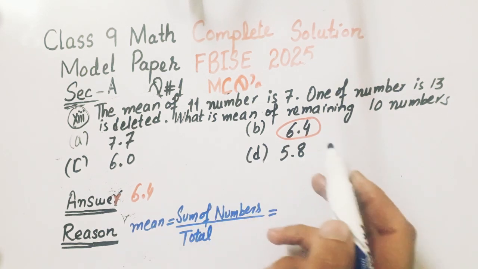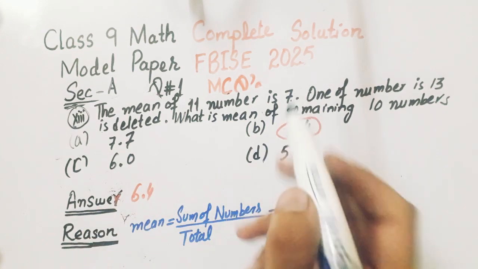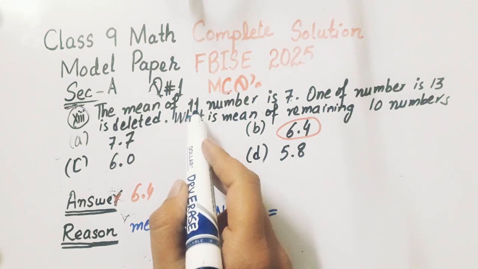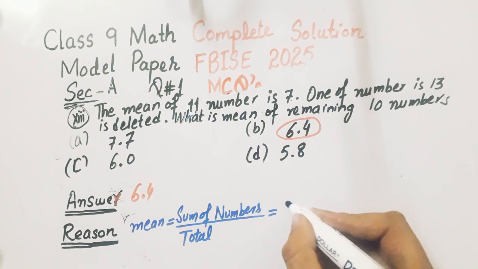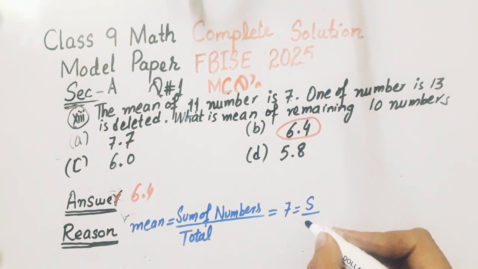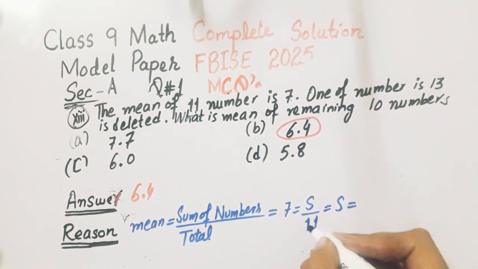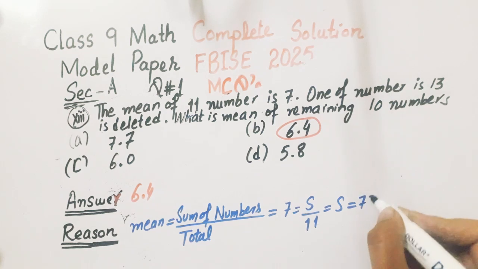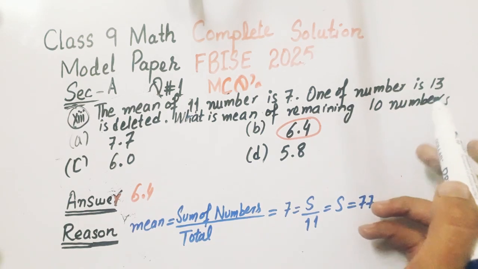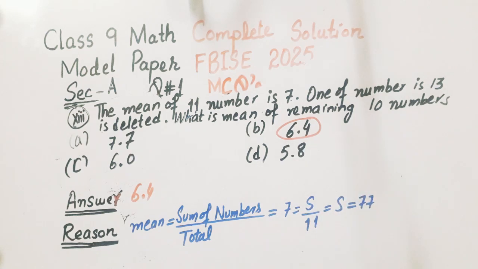Now the sum of numbers we have to find, and the mean is given, that is 7, and the total numbers are 11. So 7 is equal to S by 11. So S is equal to 7 multiplied by 11, 77. Now the condition is given that one of the numbers, 13, is deleted.